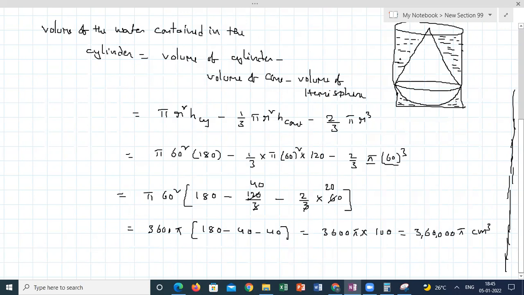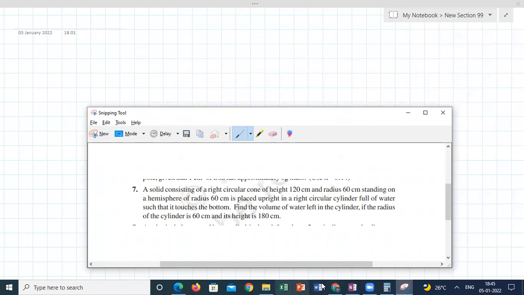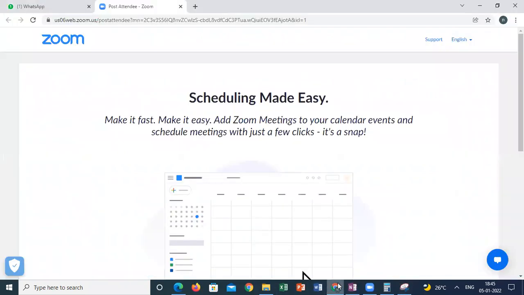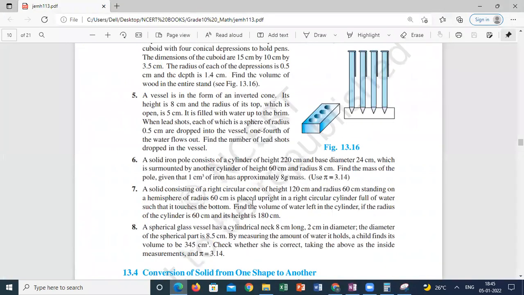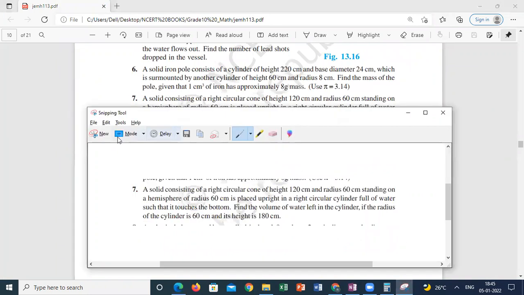So one more last question. Today I will wind up a little bit early. Try this question on your own.